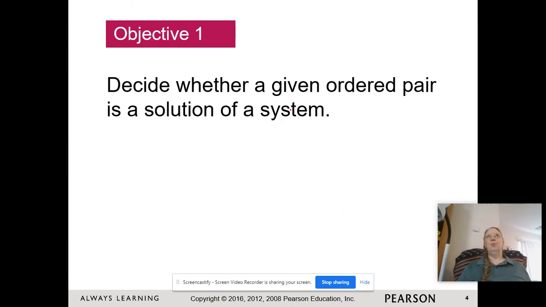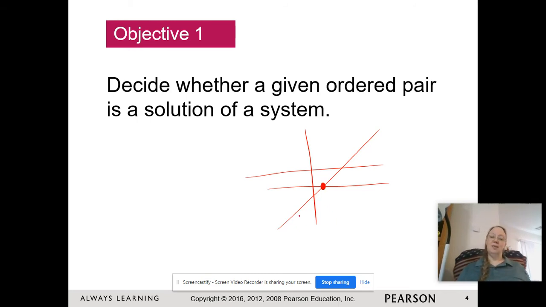Now, when we were working with linear equations before, we had to figure out if an ordered pair was a solution to a linear equation. To do that, we took that ordered pair and we plugged it into the equation. Now we're trying to figure out whether the ordered pair is a solution to the system. So basically, we've got two equations, right? And the solution is the point where those two lines cross.